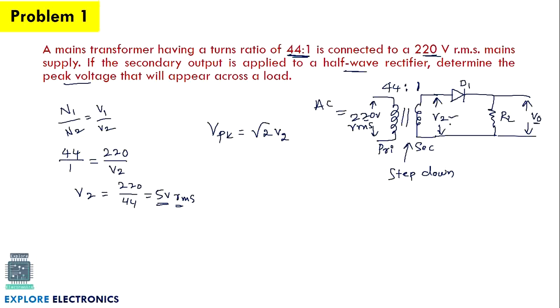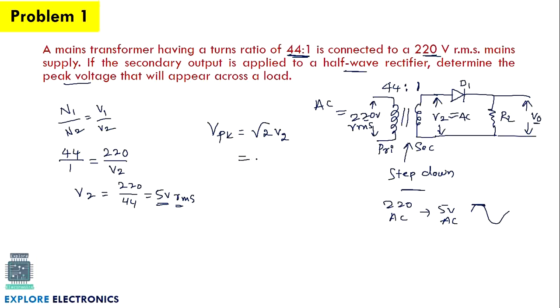The same AC signal we are getting at V2, but because of the step down transformer, it is reducing 220 volts AC to 5 volts AC. So we need to calculate the peak voltage. The peak voltage is not the same as 5 volts, right? The peak voltage is root 2 times V2.